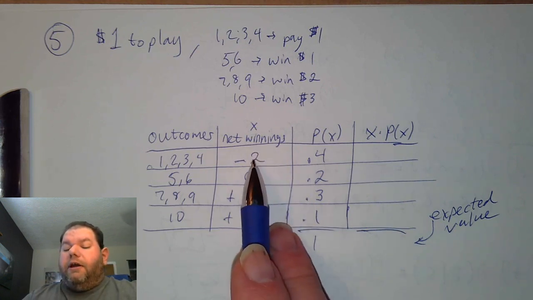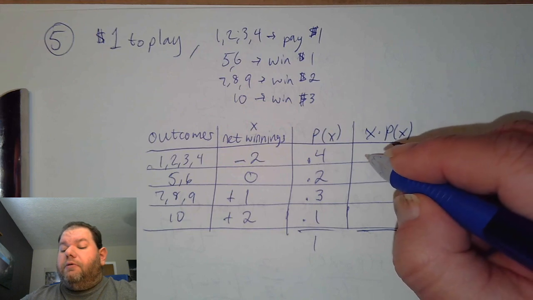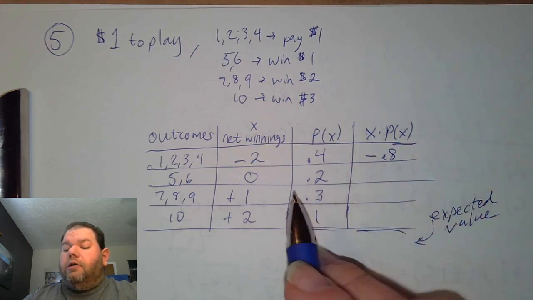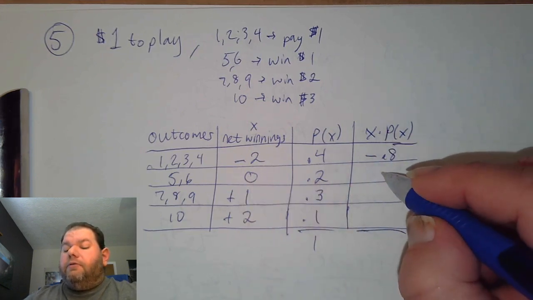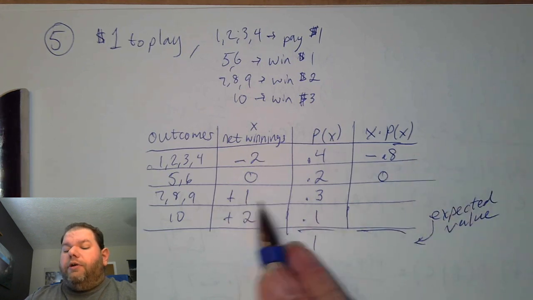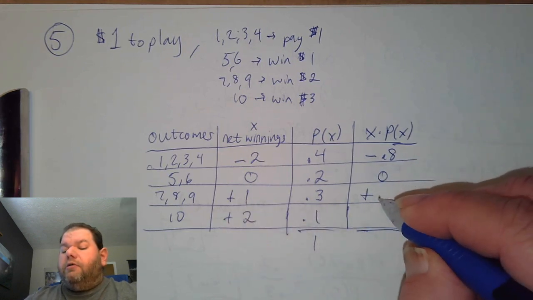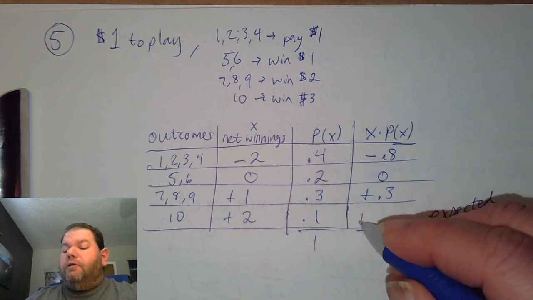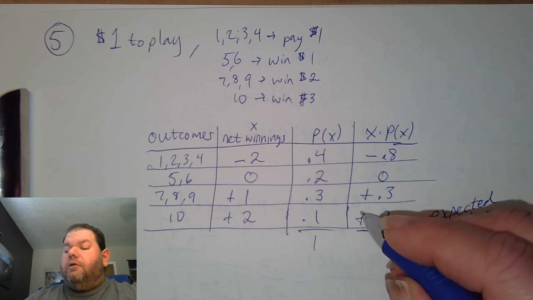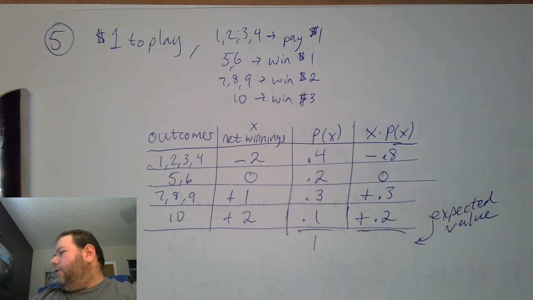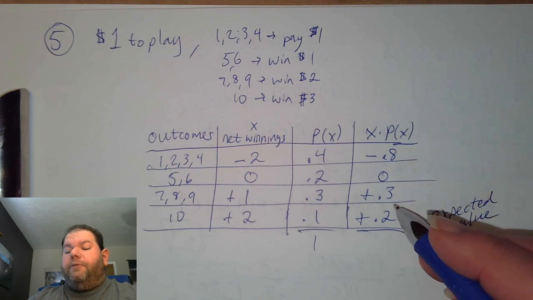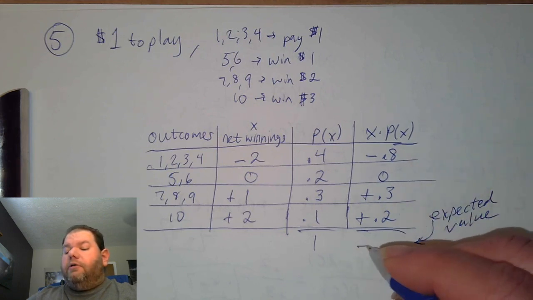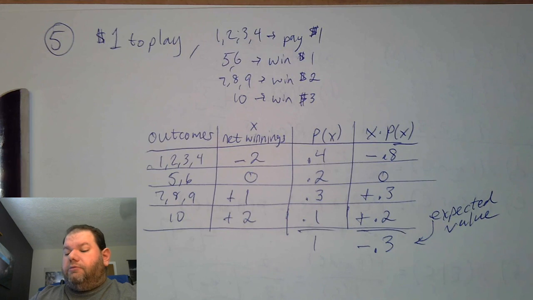Alright, so we multiply -2 times 0.4, 0 times 0.2, 1 times 0.3, and 2 times 0.1. Now we add those together, so minus 0.8 plus 0.3 plus 0.2. That leaves us with an expected value of -0.3.